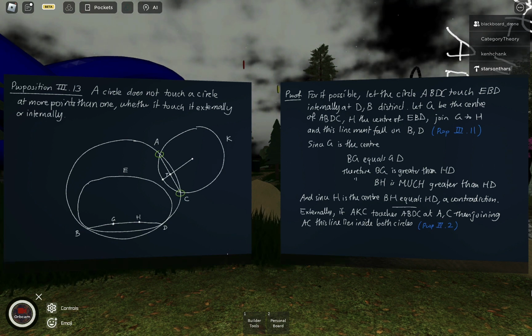So if we take it to be a local condition, then we can say something like, if they touch, then any point really close to A, and I start saying words like really close, right? If I was taking a point here, I could join it to the center and somehow argue that that is actually inside the other circle, which contradicts cutting.